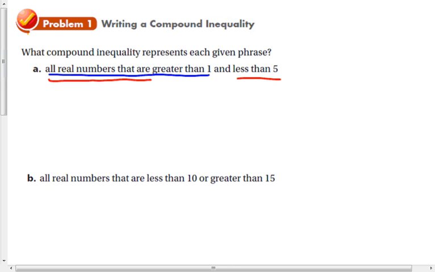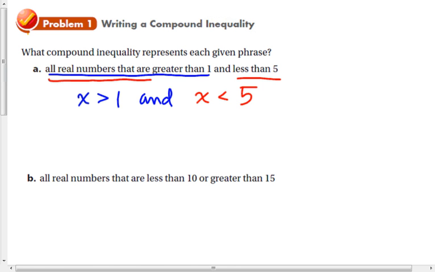So we have all real numbers greater than 1, which looks like this: x greater than 1, and then we're going to use the word "and." And the red underlined part, all real numbers that are less than 5, looks like this. If we're using the word "and," that means there are numbers in between 1 and 5.